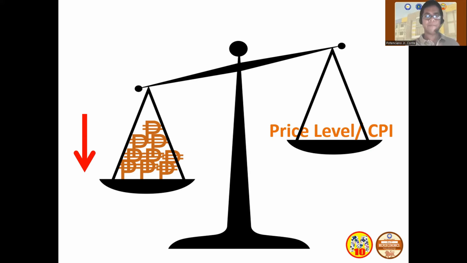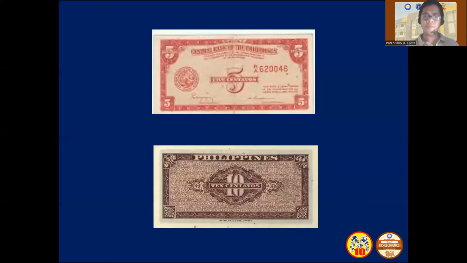currency ng bansa. So as an illustration, okay, way back before the Japanese times, we have this paper bill in the Philippines amounting to 5 centavos, 10 centavos. During those times, the value of this paper bill was very high. I can say it's equivalent to the 1,000 peso bill today or the 500 peso bill of the current times. But because the economy is developing, growing, right?